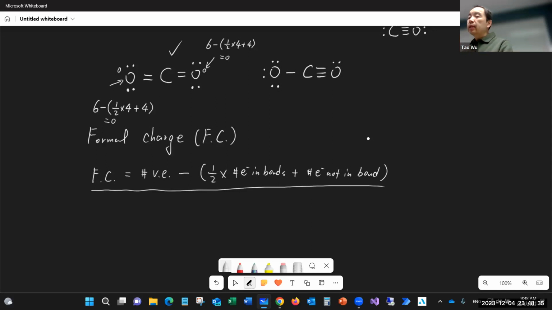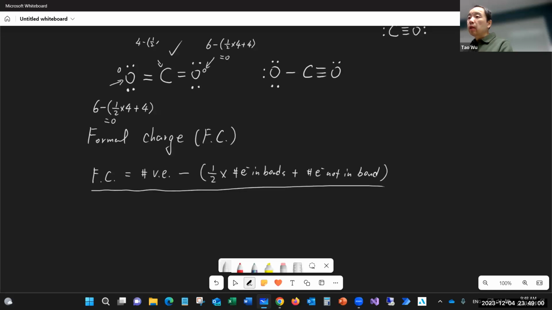Then for the carbon over here, the valence electrons for carbon is 4, right? Subtract 1/2 times the number of electrons in bonds. Carbon contains all bonds, two double bonds, and each double bond contains 4 electrons, so that's 8 electrons in bonds.